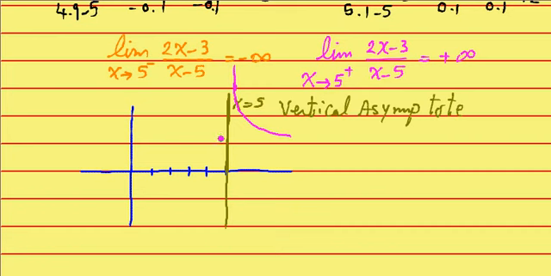At left of 5, this is 5, we will have something that behaves like a function that goes to minus infinity, behaves like this. So we have a piece of the puzzle. Here's like a bone for the function. A part of the skeleton of this function is this vertical asymptote here. It tells us where these tails exist, and so that's a major clue about the graph of this function.